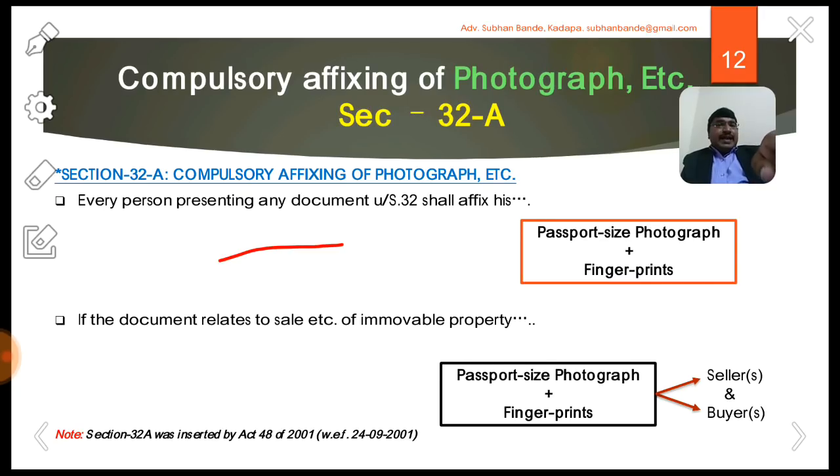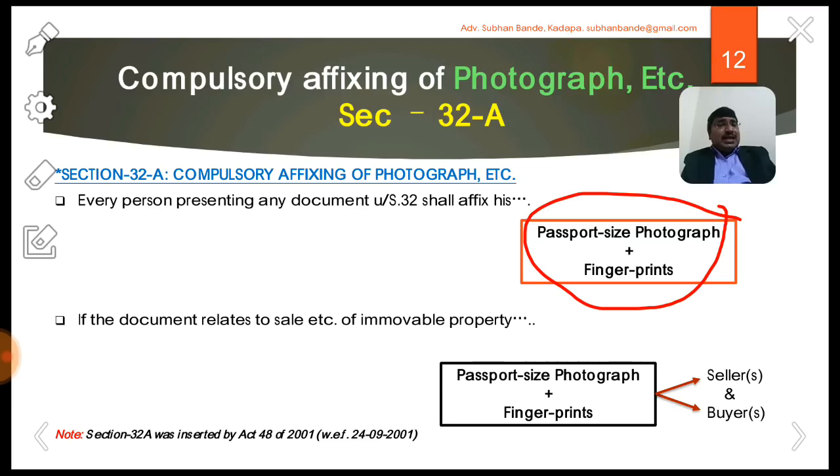Section 32A speaks about compulsory affixing of photograph, etc. Here, the passport size photograph and fingerprints of every person presenting any document under section 32 are required at the time of registration.